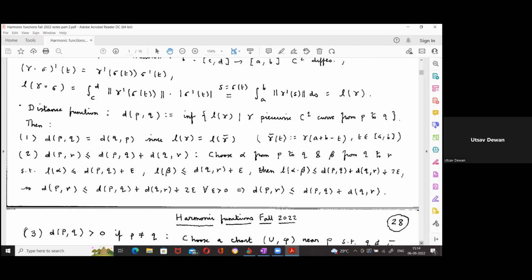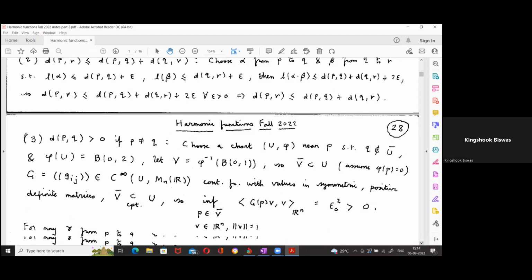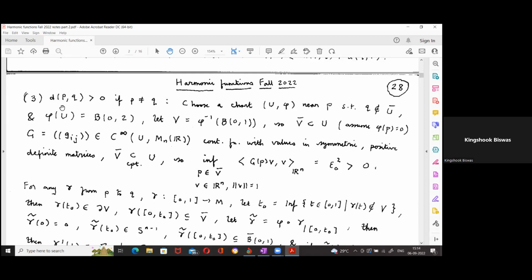Now we have to show positivity of this function. So we need to show that d(P,Q) is positive if P is not equal to Q. For this, we choose a chart (U, phi) near P such that Q is outside the closure of U. We can assume that the image of this chart U under phi is, let's say, the ball of radius 2, and we let V be the inverse image of the ball of radius 1 around the origin in R^n.